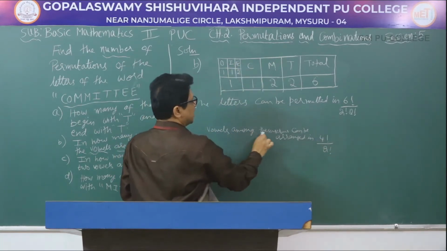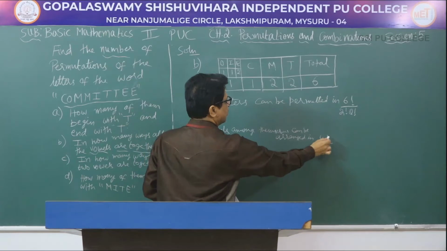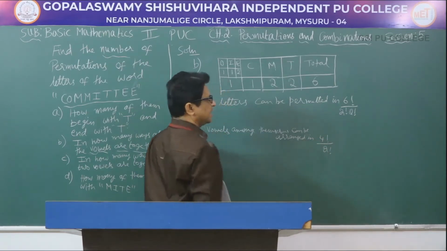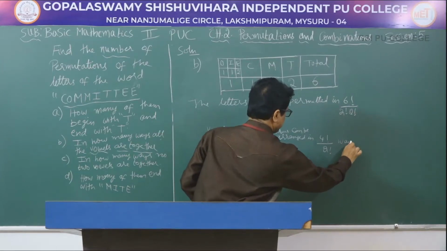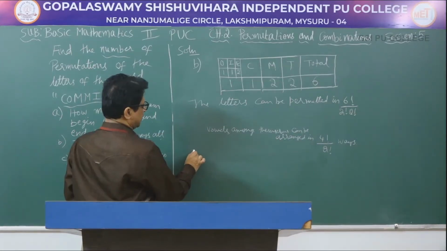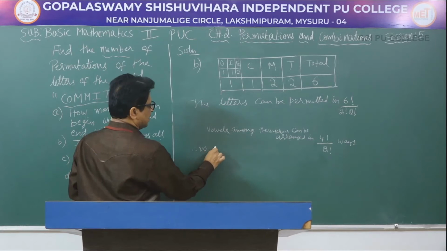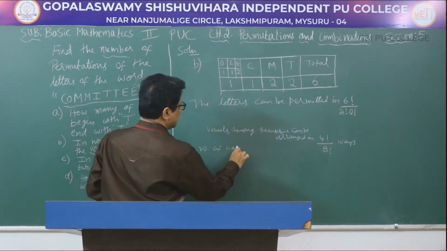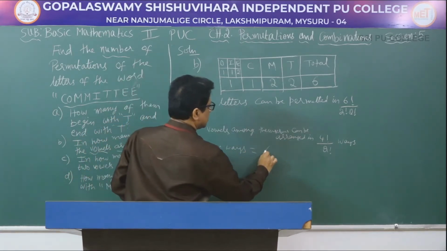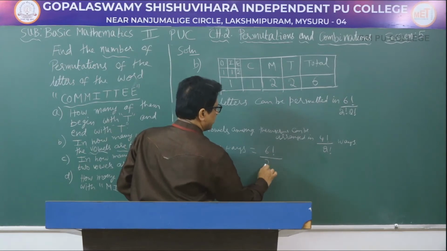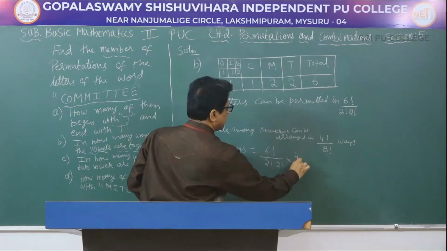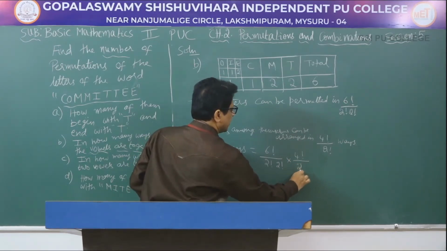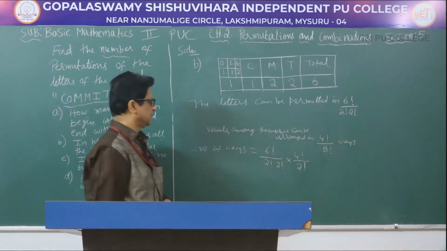Therefore, vowels among themselves can be arranged in 4 factorial by 2 factorial ways. Therefore, number of ways is equal to 6 factorial by 2 factorial into 2 factorial into 4 factorial by 2 factorial.